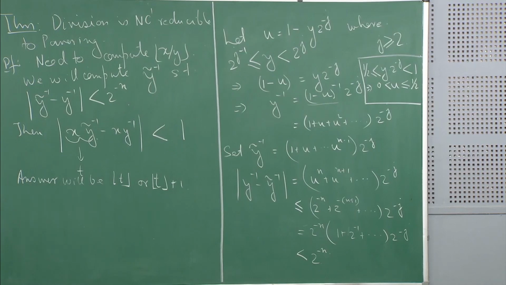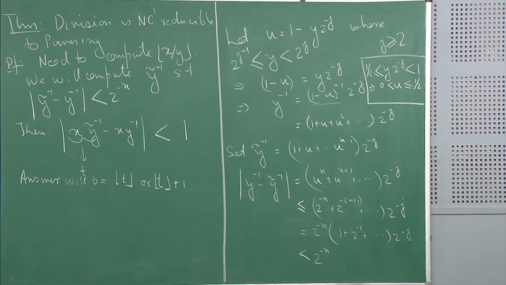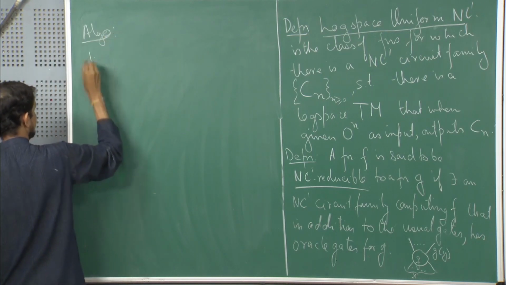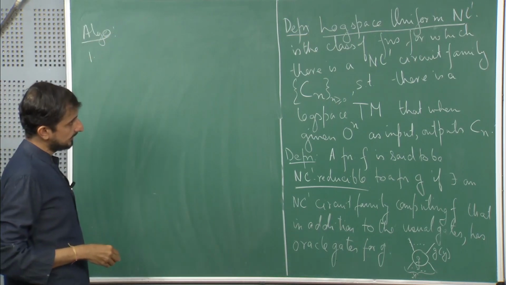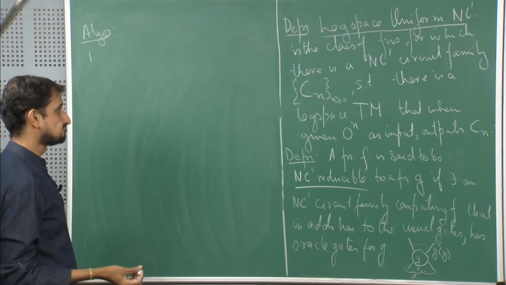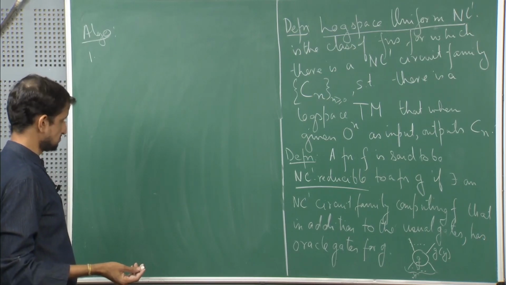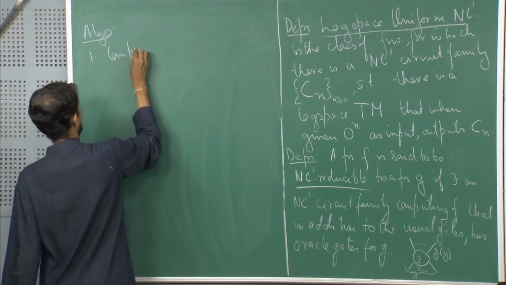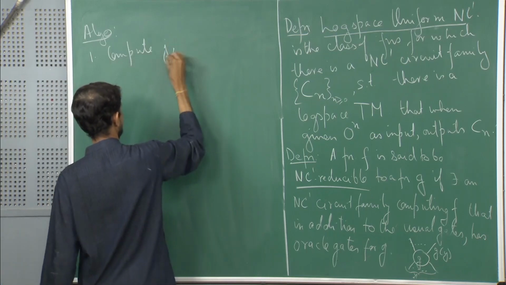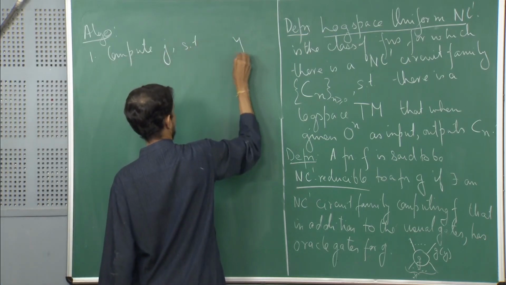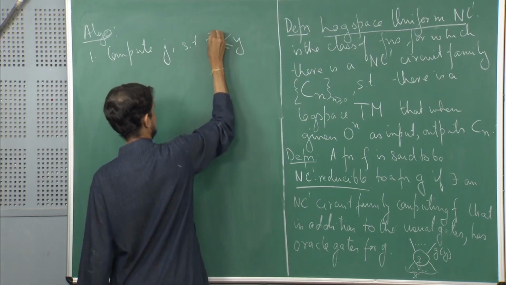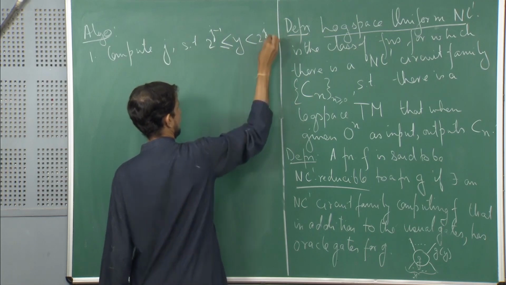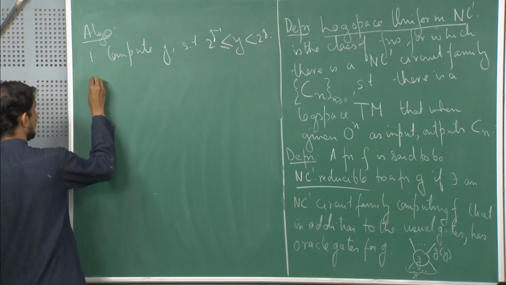So, now what is the algorithm? The algorithm is simple once we have the analysis. First step is to compute j such that y lies between 2 to the power j minus 1 and 2 to the power j.